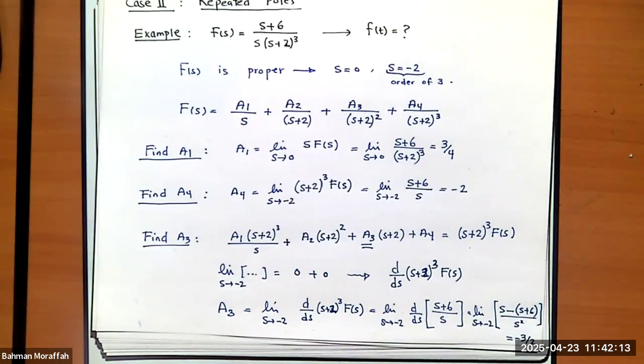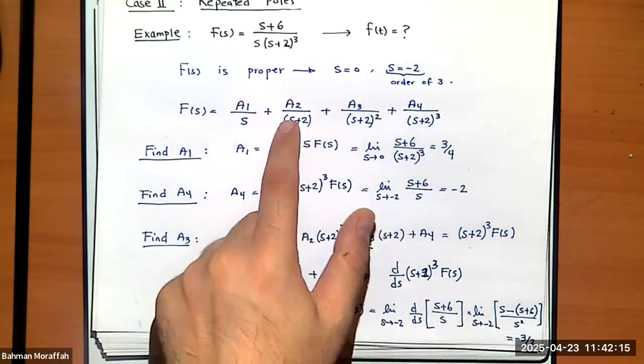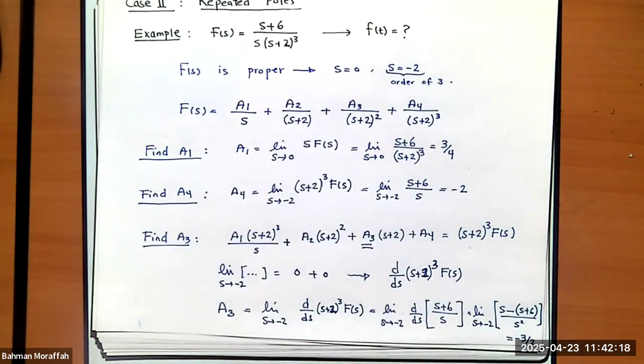I can use the same trick to find A2. This time I have to take the derivative twice to get rid of that s. And remember, if I have x squared and take the derivative twice, I'm multiplying everything by 2, so I have to divide by 2. If it's order 4, for example, to take the derivative 4 times, I have to divide by 4 factorial, because it's 4 times 3 times 2.